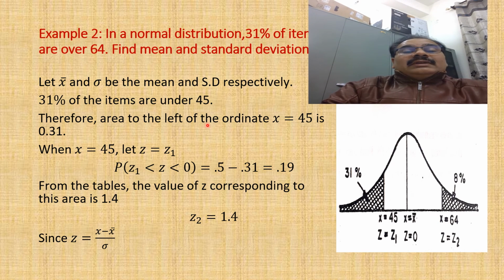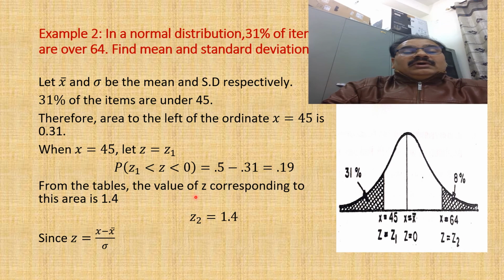The area to the left of the ordinate x is equal to 45 and z is equal to z1. Then you can write the probability of z lying between z1 and 0, and since the area to the left of the mean is 0.5, 0.5 minus the given 0.31 is 0.19.